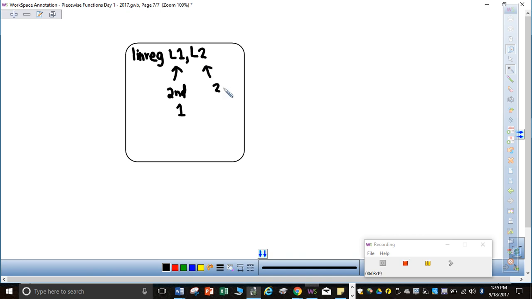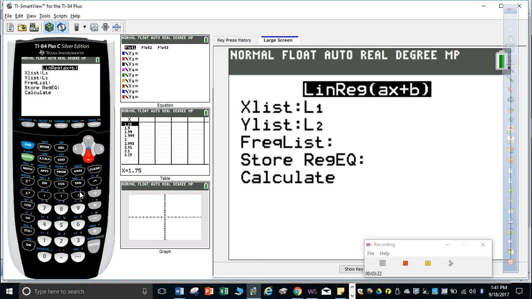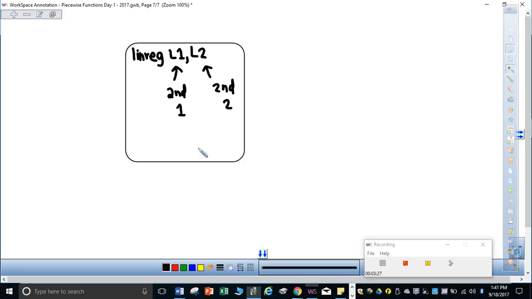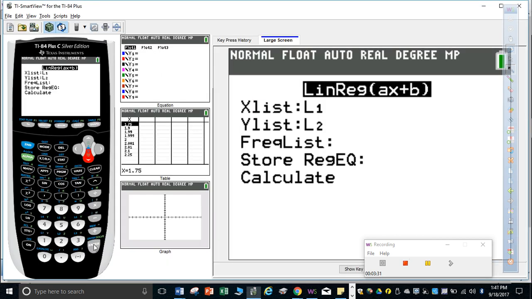So the way we get L1 is you press second 1, and then you want to do the comma, which is above the 7, and then do second 2 for L2. So if this is your screen, press enter. If you have a screen like mine, press calculate.